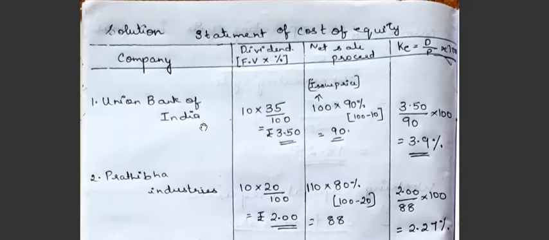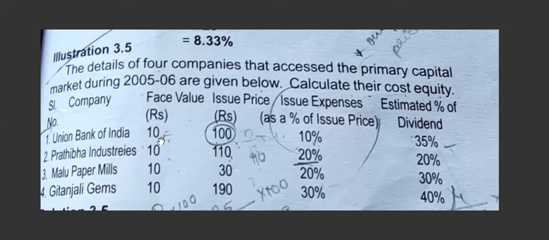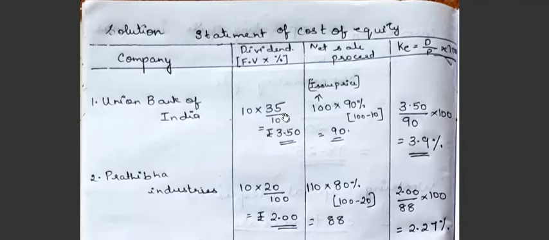Now Union Bank of India, the first company given: 10 rupees is the face value, as given in the problem. What is the percentage of dividend? 35%. So multiply 10 into 35%, you will get 3.50.